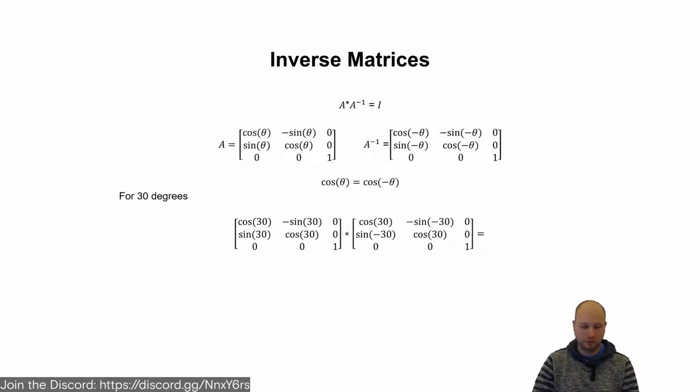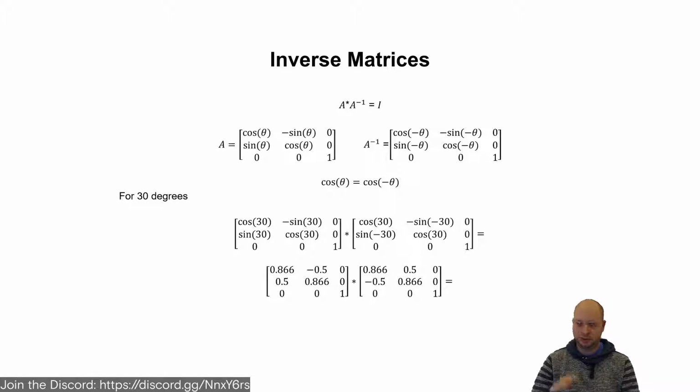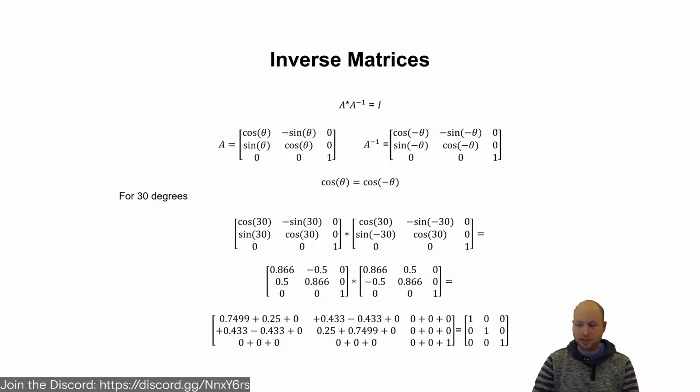So if we do this for 30 degrees, you can see that the values pop out where you get this sort of opposite effect. Again, that keeps the diagonal and then flips the rest around. And then if you multiply these two by each other, you'll see that you'll get the identity matrix in the diagonal.